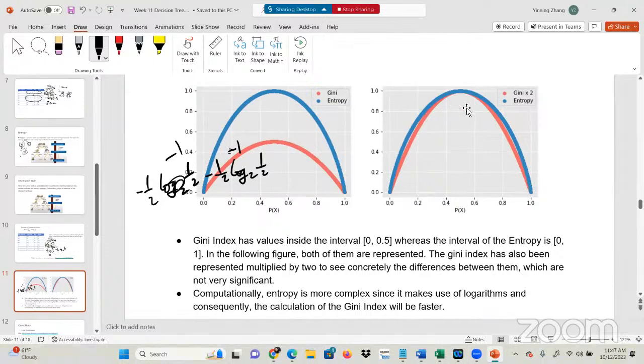But if you divide the entropy's result by 2, it should be close to the Gini impurity value. This chart just shows that. But we usually use either one. Entropy probably uses more computation power because it has the log.